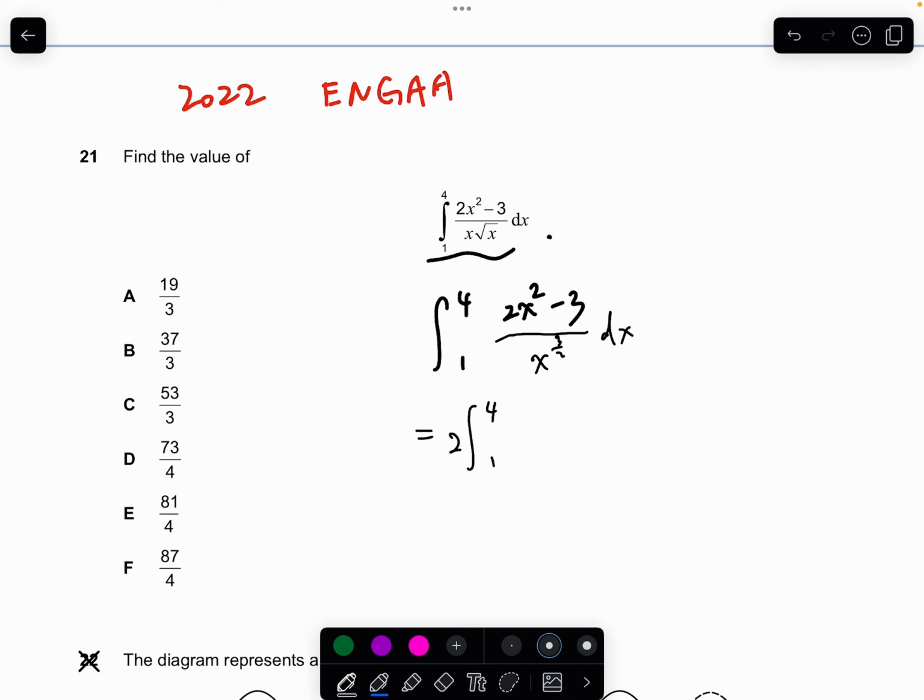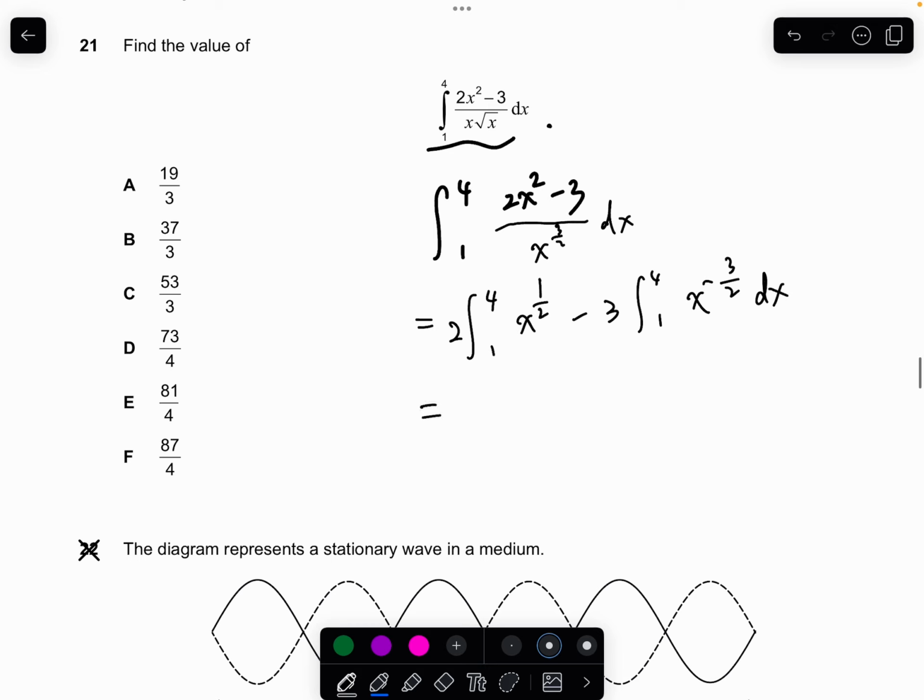And this would be this minus 3 integral of this, and the left part would be here, and the right hand side this one.